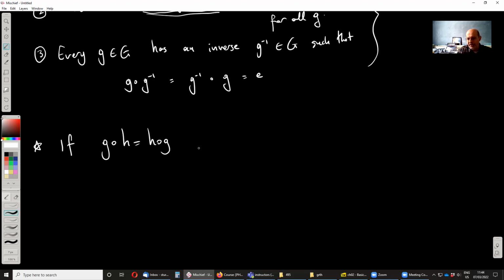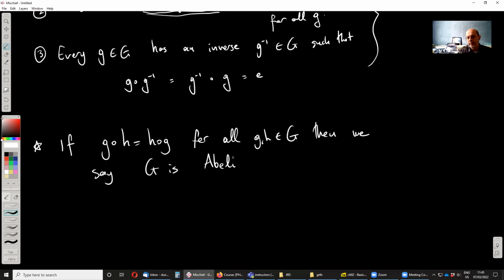If we have the commutativity property, so if gh is the same thing as hg for all g and h within the group, then we say G is abelian or commutative. We're going to use this term a lot.